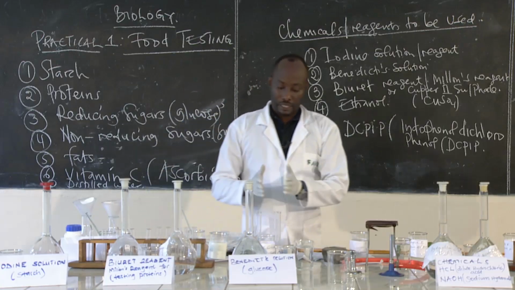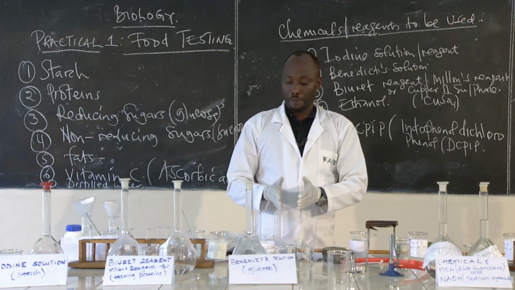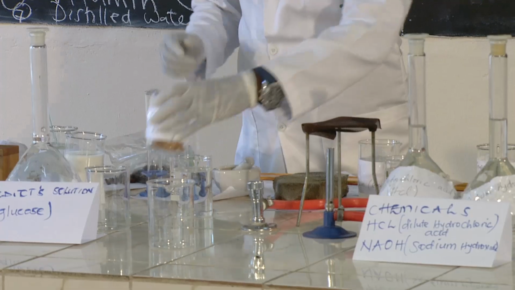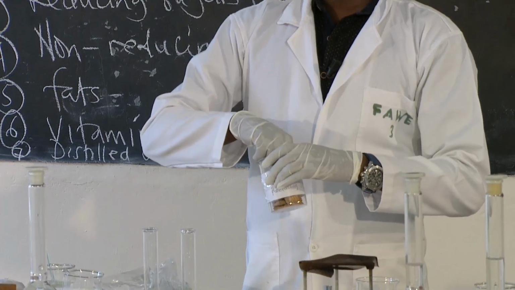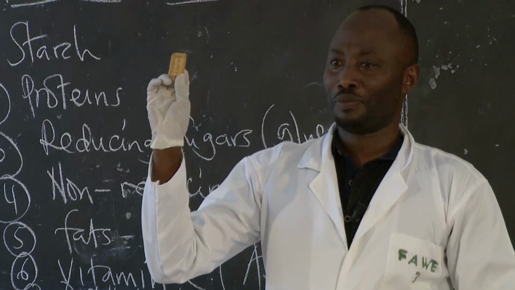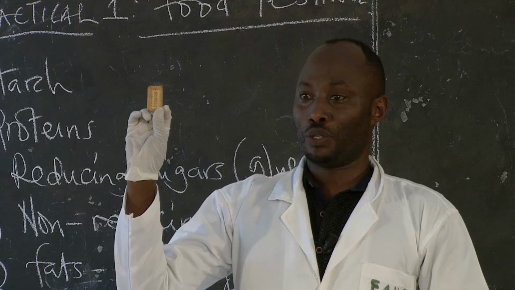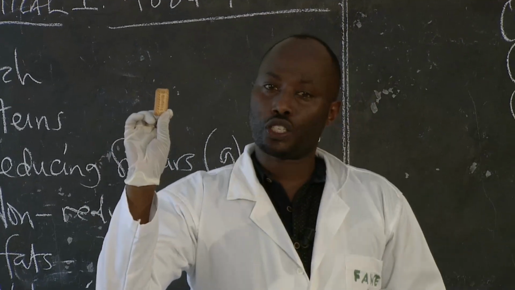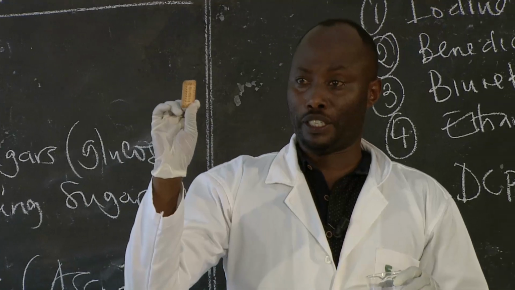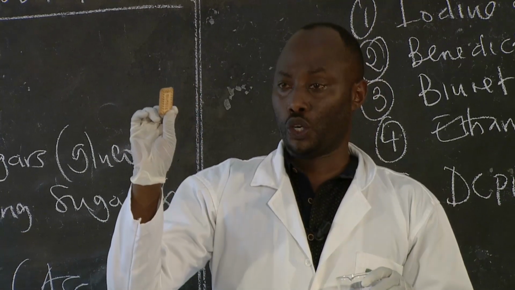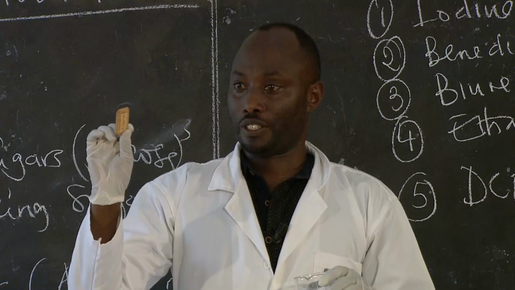I have sample C. In sample C, I have something very interesting, very beautiful. You can see and observe. What is this? Biscuits. I'm going to use glucose biscuits to test the presence of glucose. If I say glucose, I mean reducing sugars.